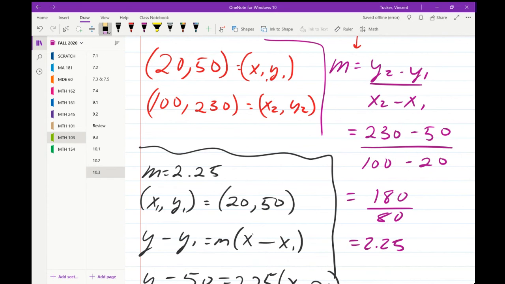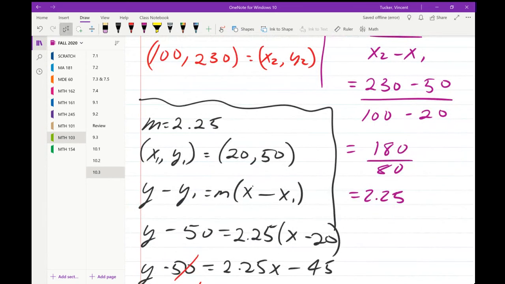So once you have a slope, you can go ahead and use either point. It doesn't matter which point you use, you use either point to find the equation of the line. So plug in for y1, m, and x1. That'll give me y minus 50 equal to 2.25 times x minus 20. We'll distribute 2.25.